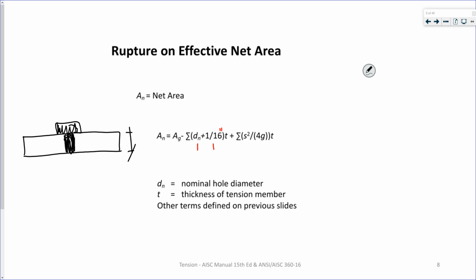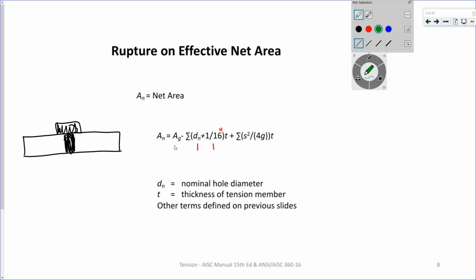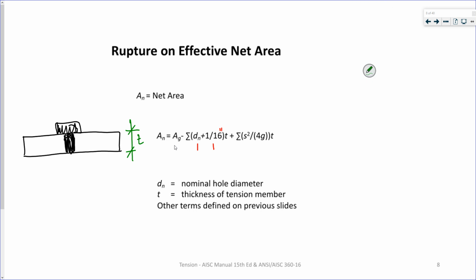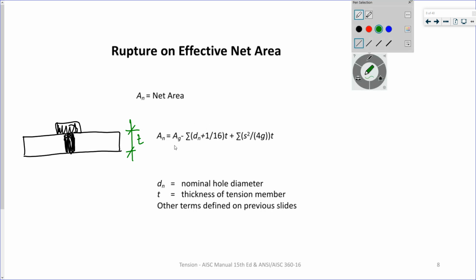This is my thickness of whatever it is, right? If it's a plate, it's a little bit more straightforward, but with all the fillets and stuff of a structural cross section, like a T or a W section or something. So this accounts for my bolt holes.